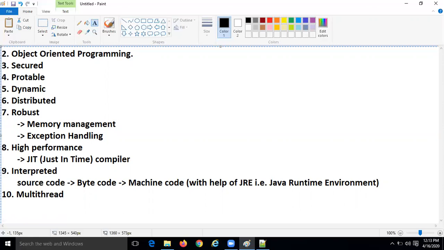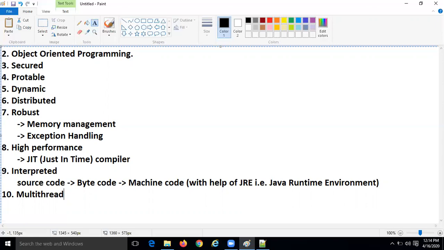Some of the companies are offering jobs if you know multi-threading very well. Some companies specifically focus on multi-threading. So multi-threading is used at the time of scheduling jobs. Not only for that, you can use multi-threading in video game development also.